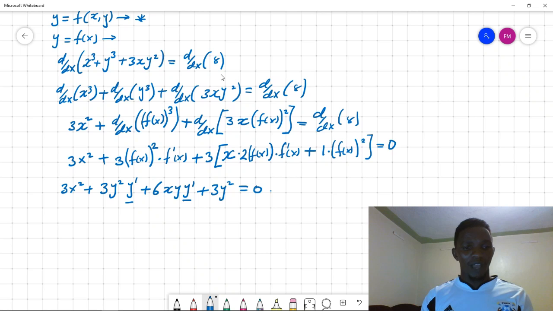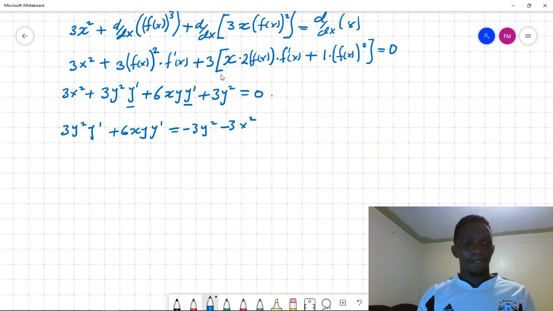So we will have 3y squared y prime plus 6xy y prime is equal to, take this term and this term to the other side, minus 3y squared minus 3x squared.